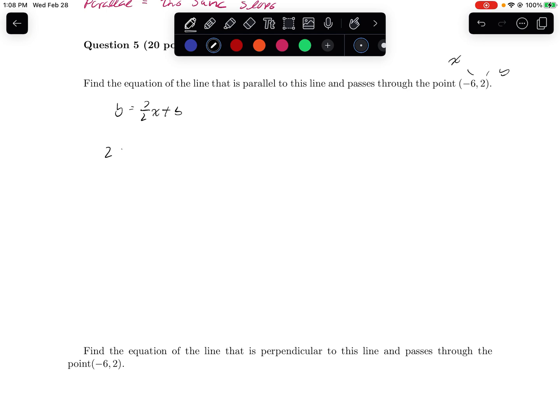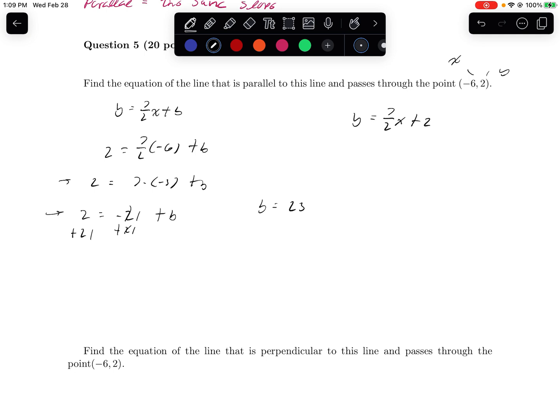So we have 2 = 7/2 times -6 plus b. -6 divided by 2 is -3, so we have 2 = 7 times -3 plus b, or 2 = -21 + b. Adding 21 to both sides, we get b = 23. Therefore, our equation is y = 7/2 x + 23.